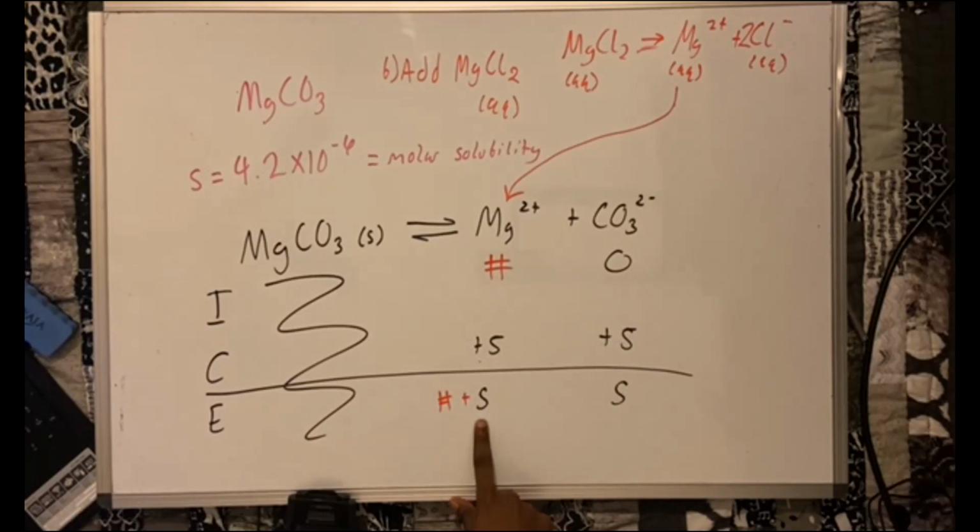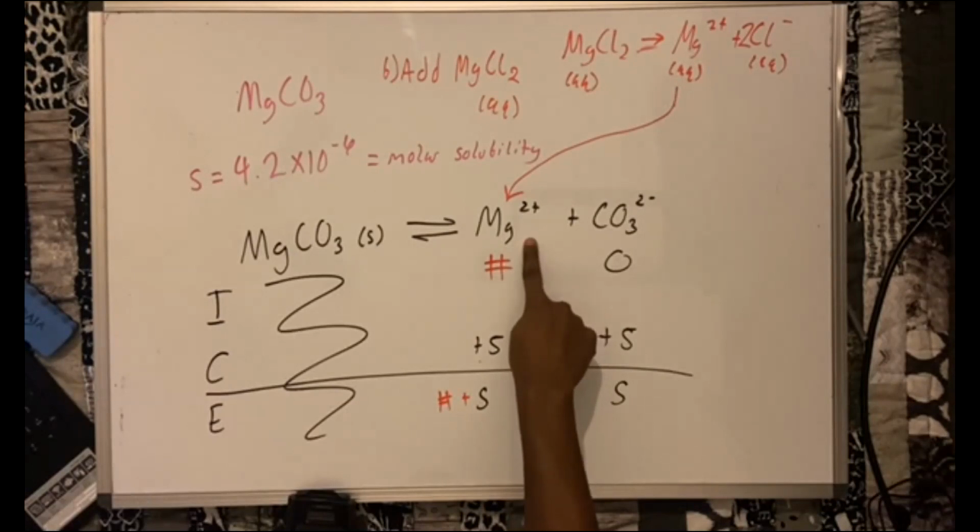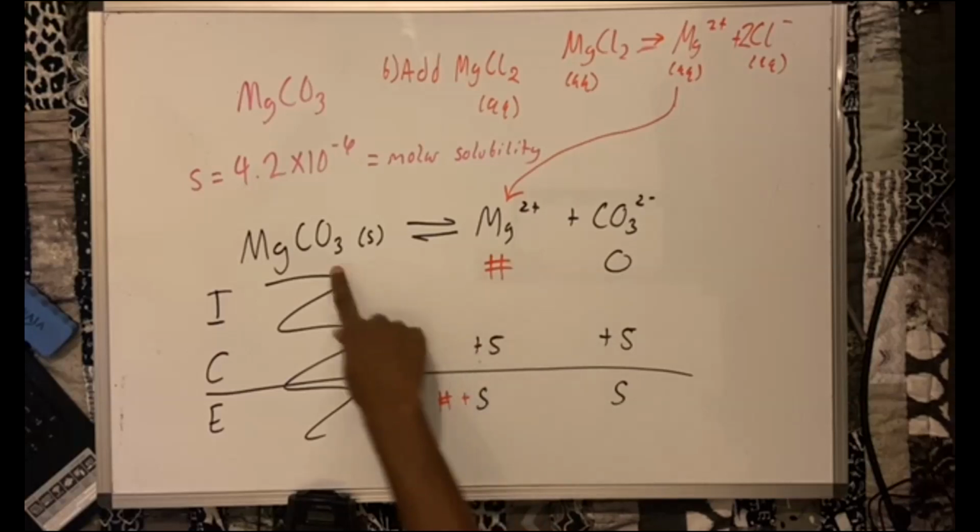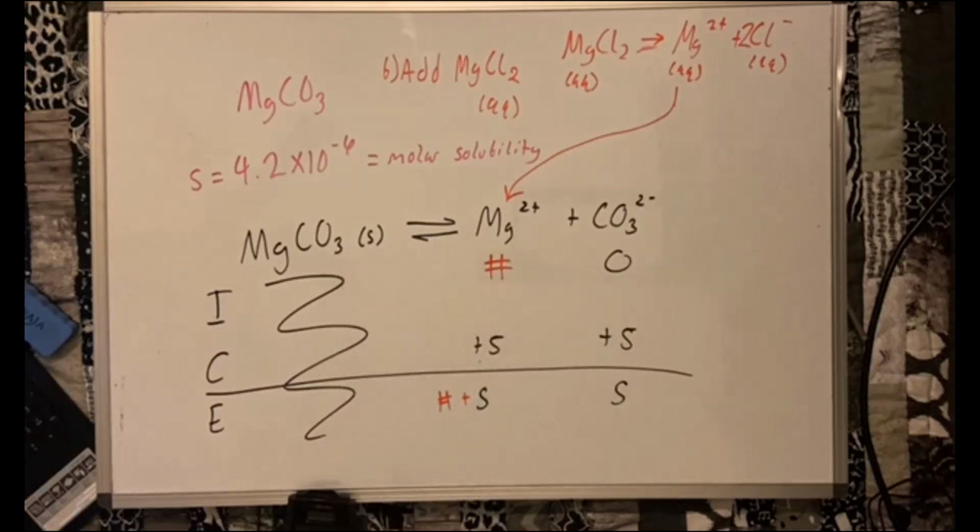And that in turn is going to decrease this S, and your solubility is going to decrease. So by adding more of the product, I get less solubility of this. Okay, got it. Good. Any questions on that reasoning?